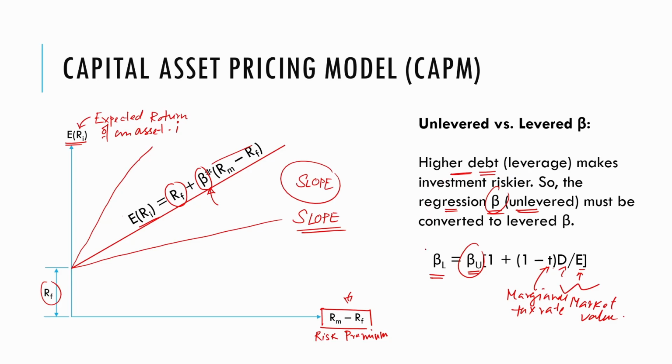But this is the definition, that you will first find the unlevered beta using the regression method or the slope formula or the covariance formula, and using that and this formula you will calculate the levered beta, and this levered beta will be used in case of this formula, that means the expected return of an asset. But in the beginning I told you that this capital asset pricing model anyway we were using for finding the cost of equity.